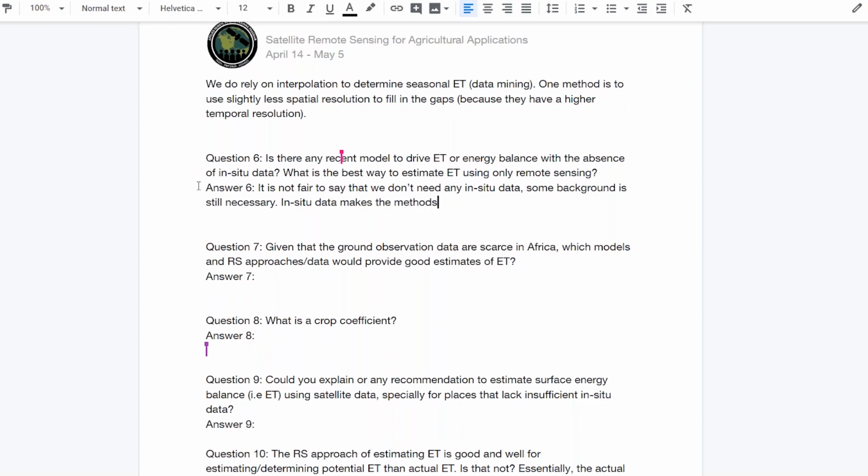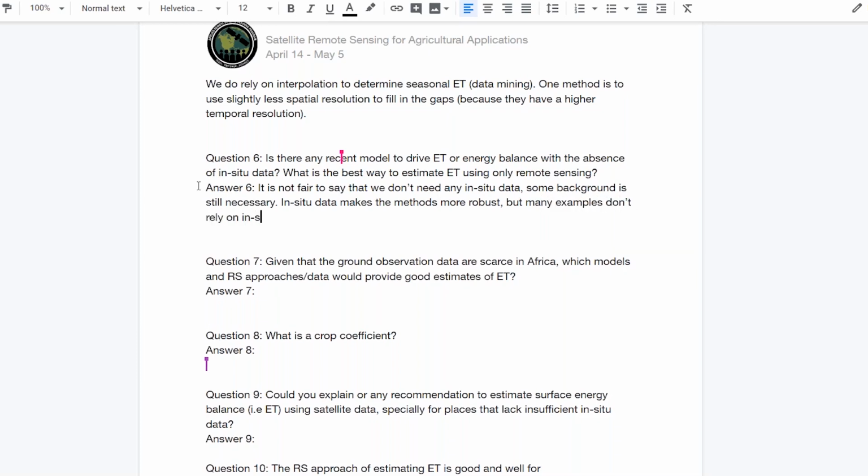For what is the best way to only use remote sensing, I think what we're finding is we have a number of methods from an energy balance standpoint and a crop coefficient standpoint and other methods that all have their strengths and weaknesses, and no one single model has been shown to be the best way to do it over different regional areas or different ecosystems. So that's really why, when you saw some of the slides from the OpenET project, all of these different modeling groups are coming together and realizing that it's better to work together than to compete, because nobody has the best method.